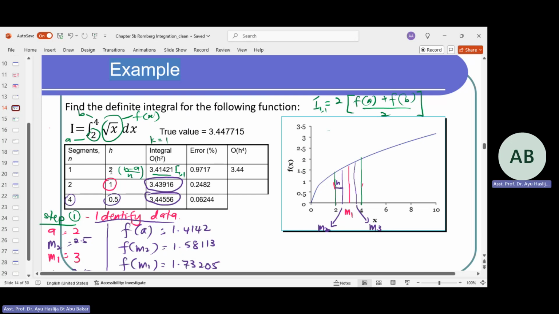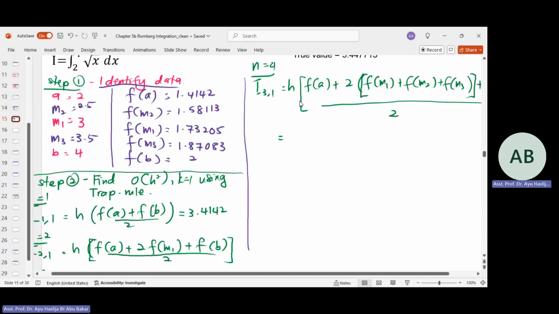For n equals 1, you use this H. For n equals 2, you use this H. So each n has its own step size. So for I31, this is your step size. The H here is different, it is not the same.